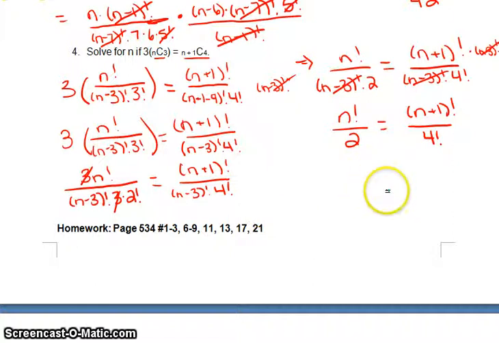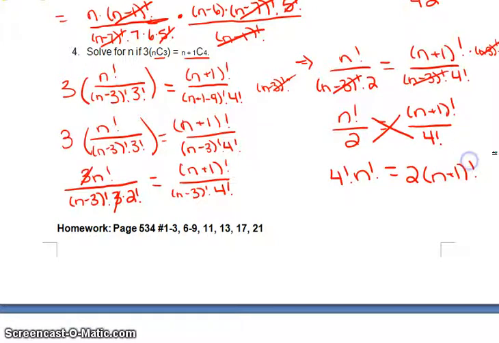From there, there's a bunch of different options we can do with this. We can get rid of our denominators. Since we have two fractions, we can cross multiply and divide. Either way, you'll get the exact same answer as long as you do those steps right. So I'm going to just cross multiply. So we have 4 factorial times n factorial, which is equal to 2 times n plus 1 factorial.